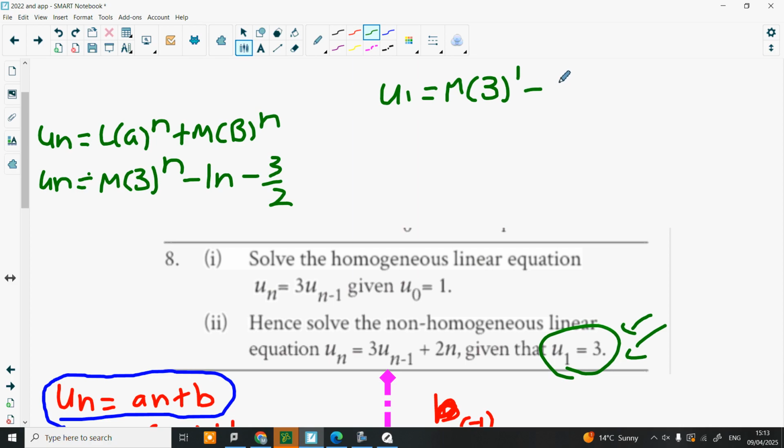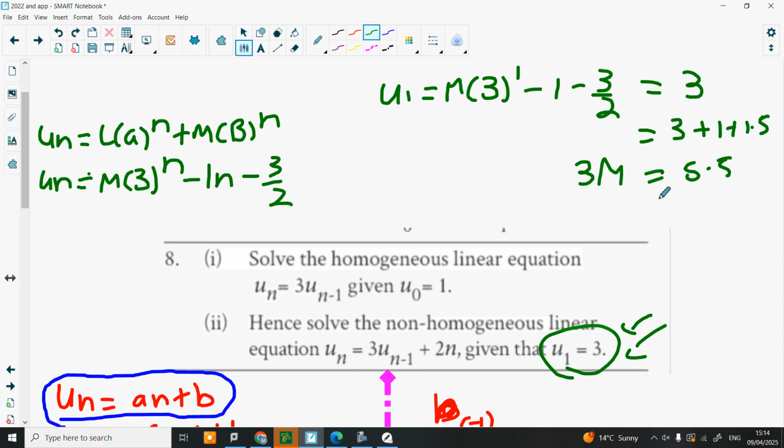m times 3 to the power 1 minus 1 minus 3 over 2 is the same as 3. And what are we saying there then? Yeah, we're all right. What's 3 take out plus 1 plus 1.5?